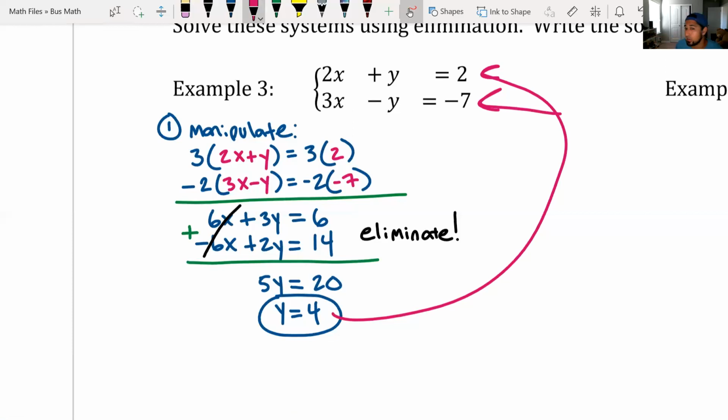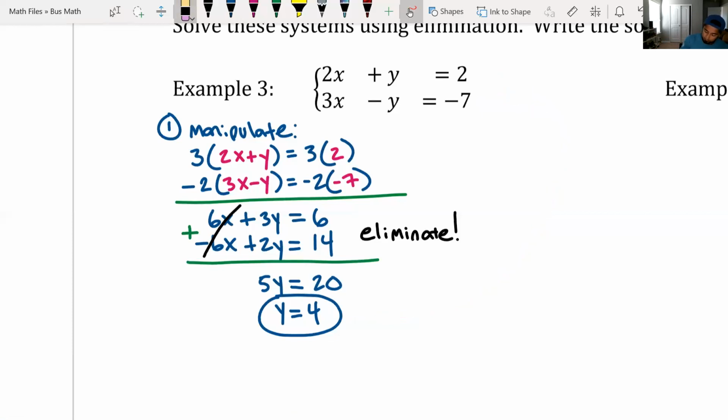I'm going to plug this into equation 1. All right. So let's say 2. Actually, step 2 is eliminate, right? And now 3 is find x, solve for x, whichever. Let's say solve for x.